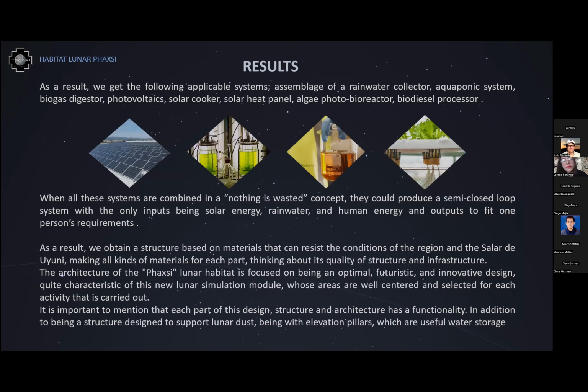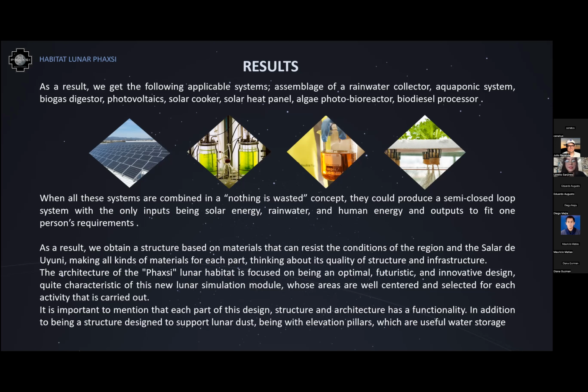About results, we get the following applicable systems: a rainwater collector, aquaponic system, biogas digester, photovoltaics, a solar cooker, a solar heat panel, algae photobioreactor, and a biodiesel processor.